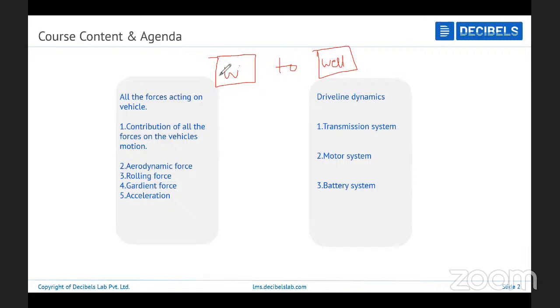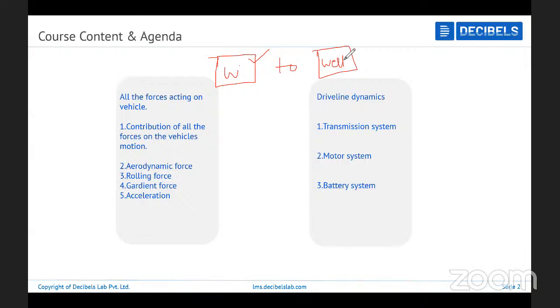That is what we define in general. Whenever the vehicle is trying to move, there is always a resistance received from the environment.